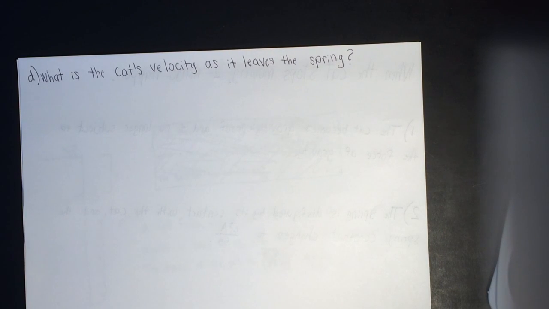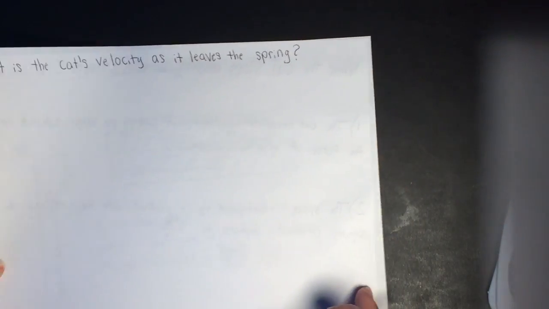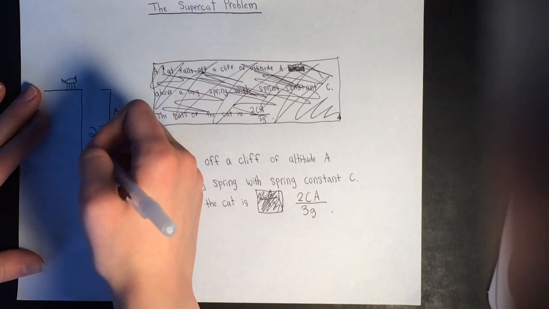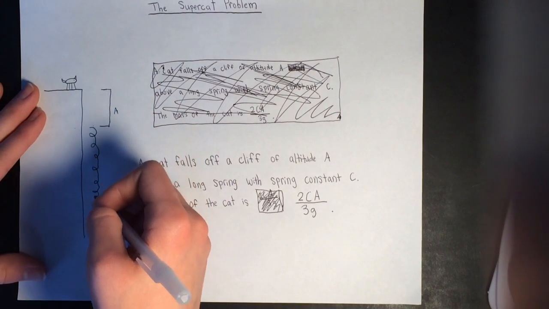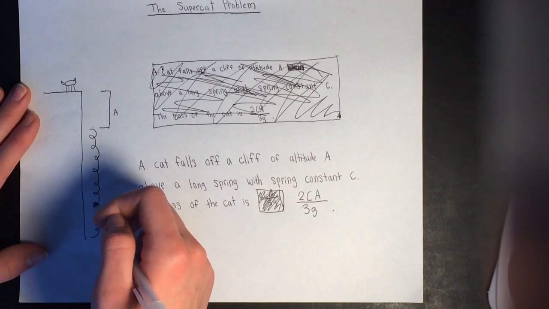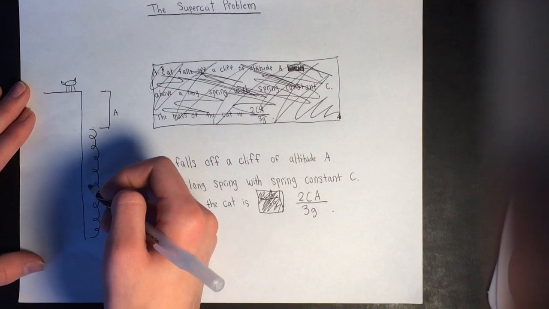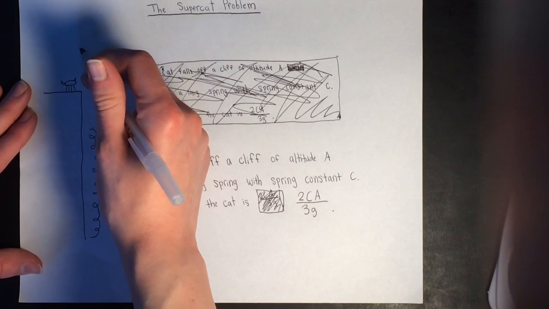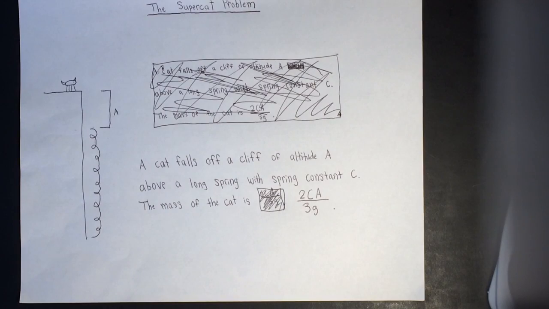And question D asks, what is the cat's velocity as it leaves the spring? So we already solved for the cat's velocity when it reaches the spring, and then we figured out how far the spring is going to compress. And then since gravity disappears, it's going to be very easy for the spring to push the cat back up. And when the cat leaves the spring and continues going up through the air, we want to figure out its velocity.